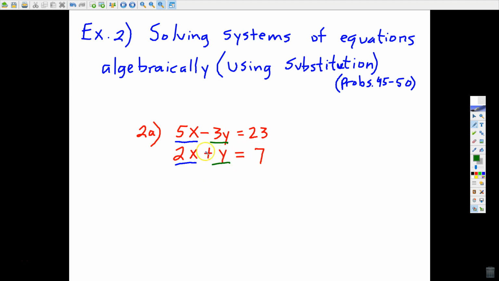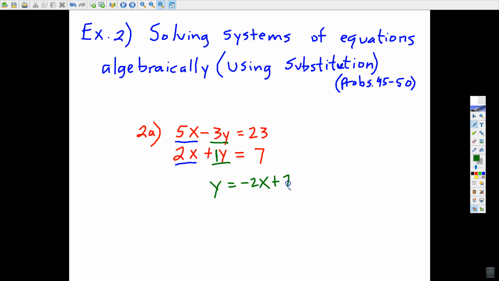Okay, and here's what you want to look for if it's possible. You want to target the variable that has the coefficient of 1 if it exists. Remember, there's an invisible 1 in front of a variable like this, 1y. The reason is that solving for y in this case can be done in one step.